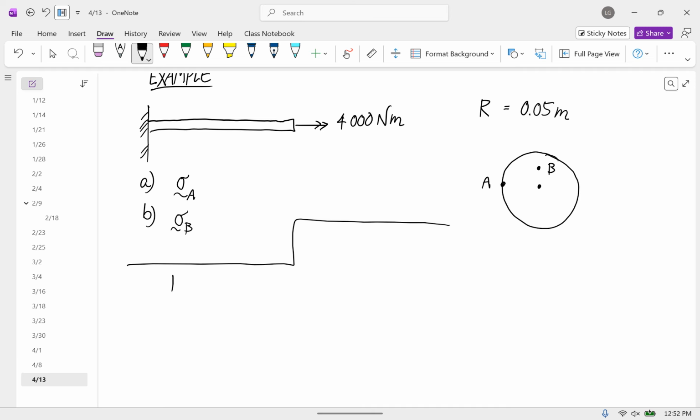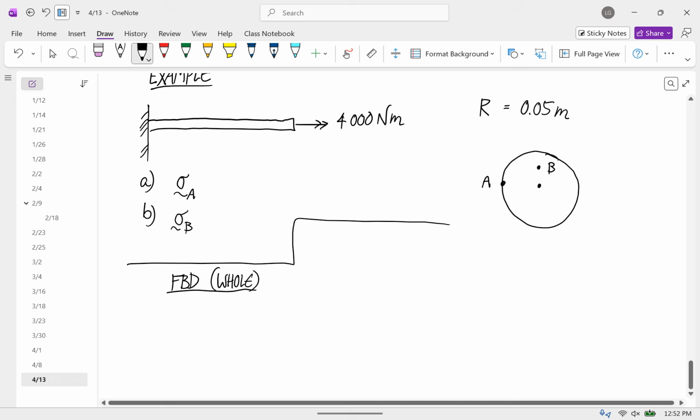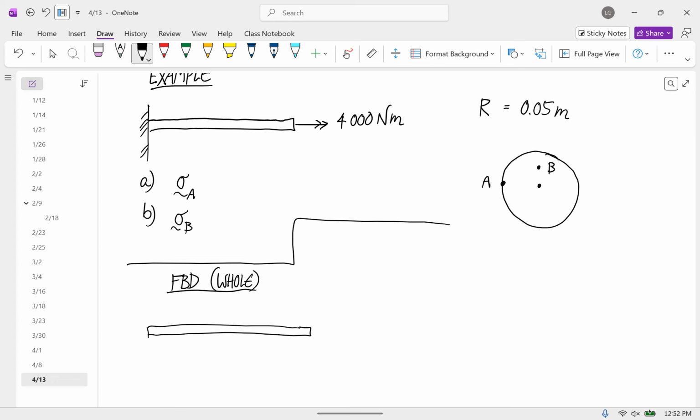So I'll start with a free body diagram of the whole thing. We have a 4,000 here. We have a reaction torque here.